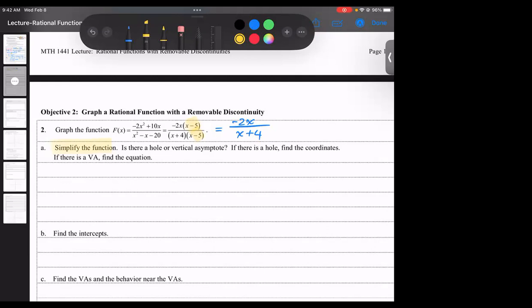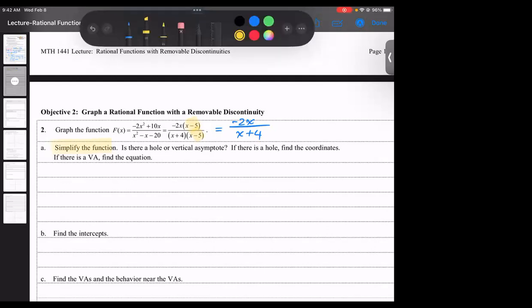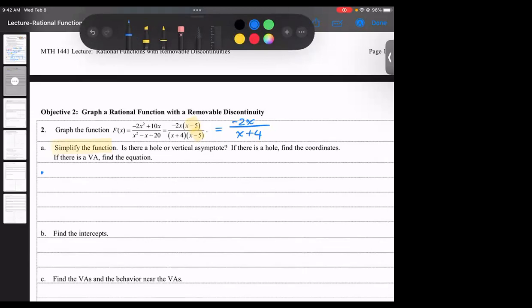Is there a hole or vertical asymptote? What is a hole? Yeah, x equal 5, right? So you say there is a hole. And then the hole is x equal 5. Of course, that's only one coordinate.